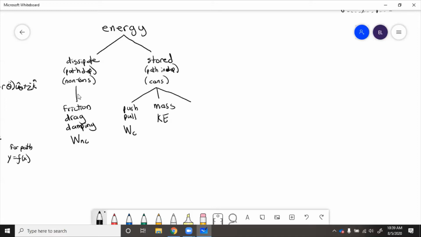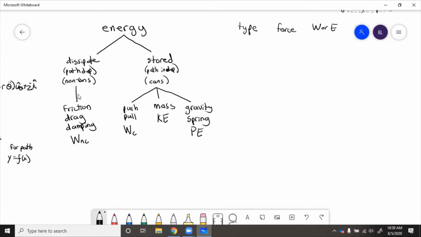And then finally, it can be stored in gravity or in a spring as potential energy. So we'll make our chart of the type, the force, and the work or energy.